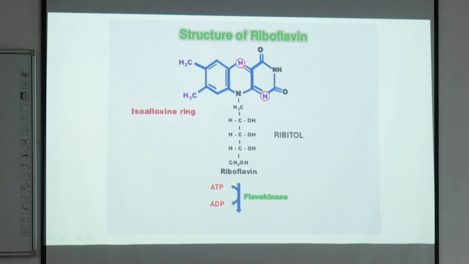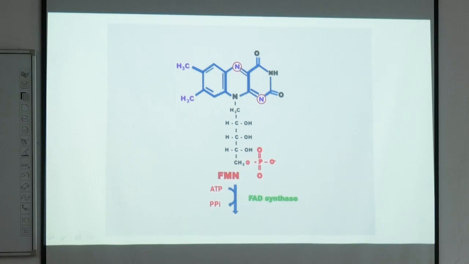Correct? So this is a flavin structure, riboflavin, which on phosphorylation produces flavin mononucleotide, FMN, which on further phosphorylation produces FAD.